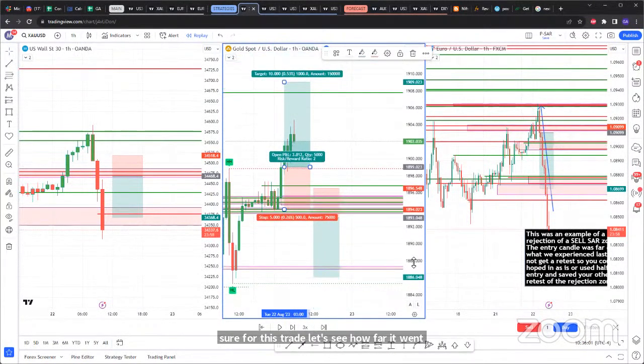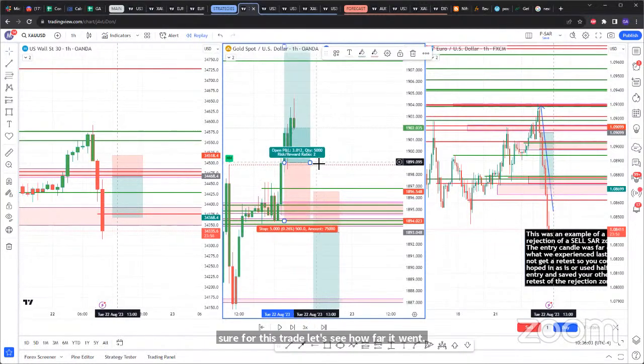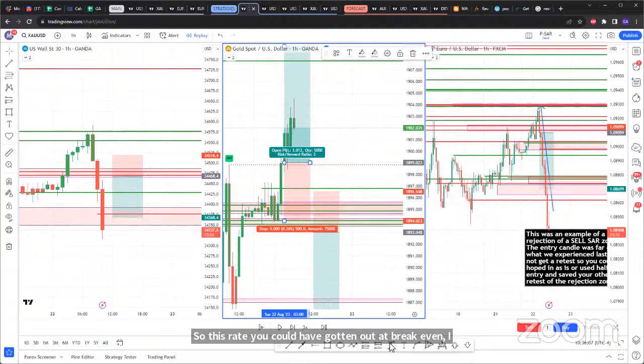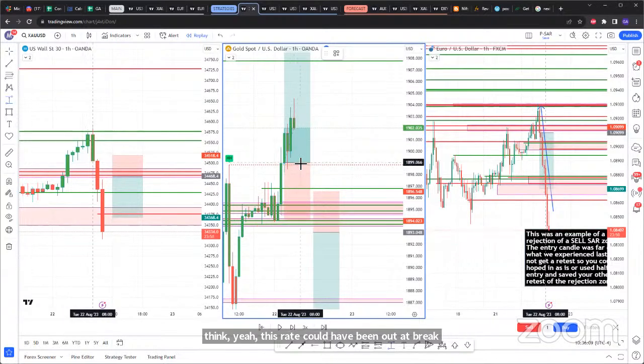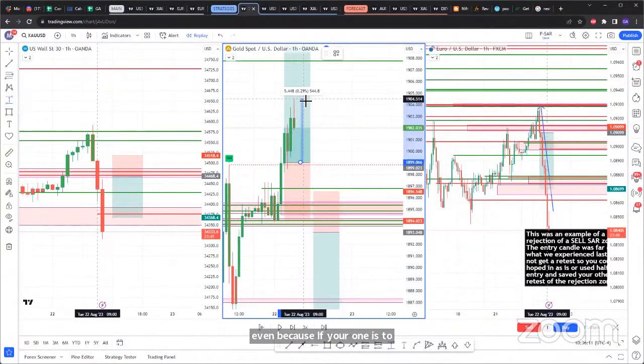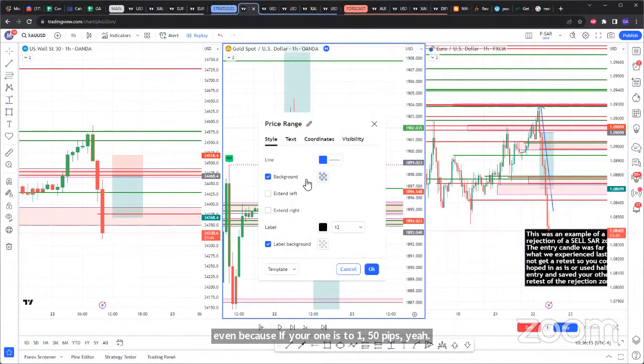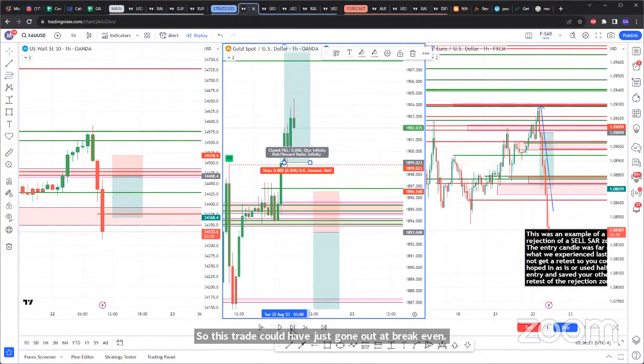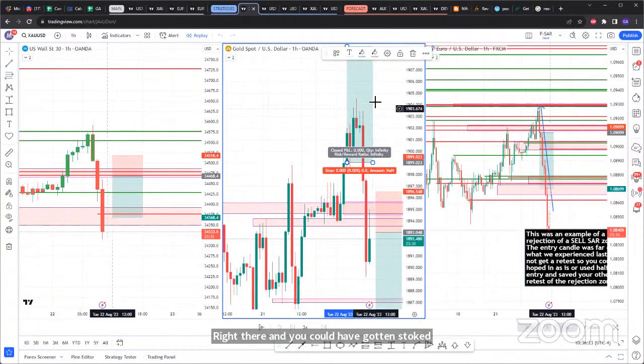So this trade you could have gotten out at break even, I think. Yeah, because if you're 1:1, 50 pips, yeah. So this trade could have just gone out at break even right there, and you could have gotten stopped out at break even, and that is trading against the bias.